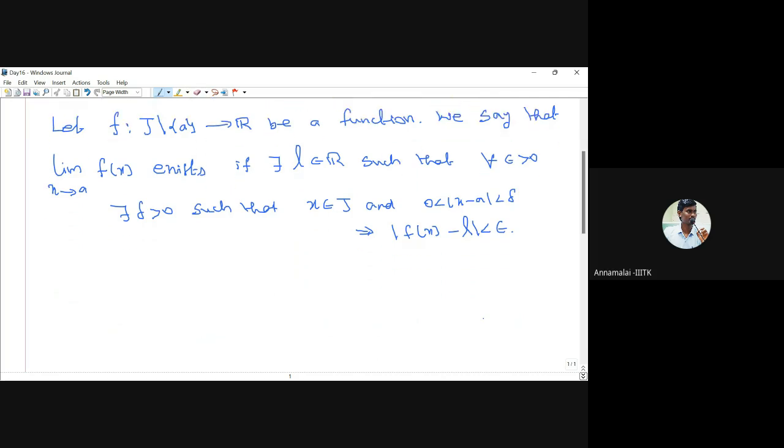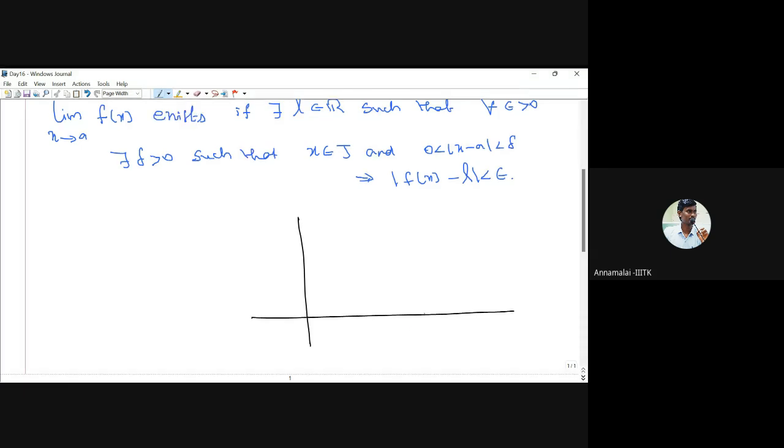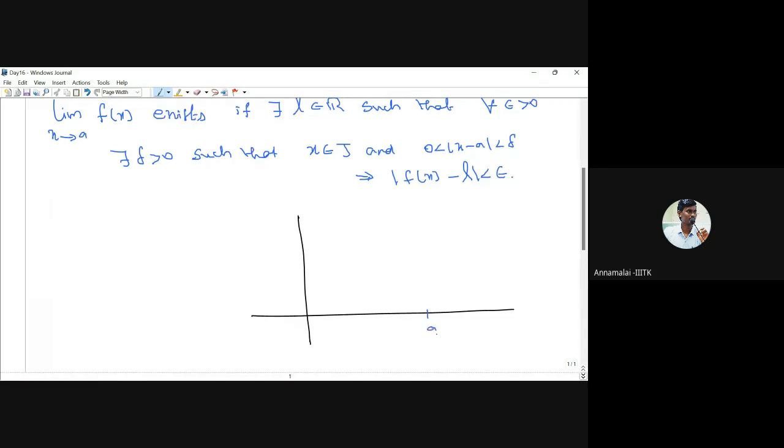So when we say the limit exists, we can find an L such that the distance between f(x) and L is less than epsilon whenever the distance between x and a is less than delta. Now, let's look at this geometrically. Suppose we have a function, and we take some point a here.